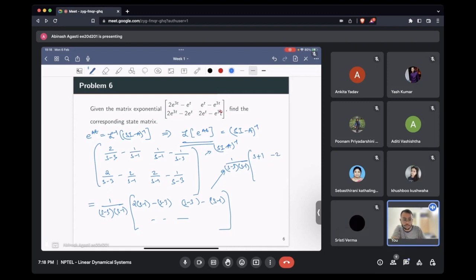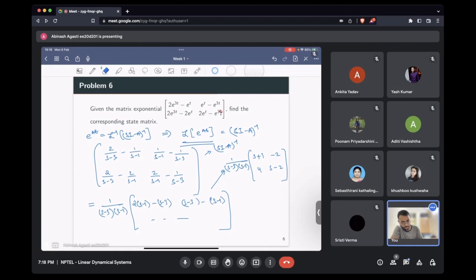Okay, reverse procedure in the sense. I think this is the matrix that we'll get. Then we can take the inverse of this thing.